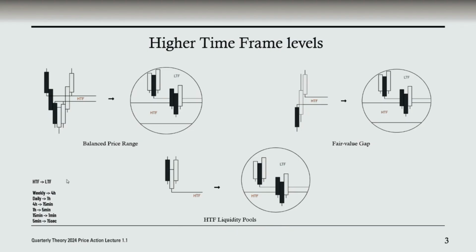So you can look at the key again in the bottom left corner of the screen, and you'll see weekly to 4-hour, daily to 1 hour, and so on. If you're looking at a daily chart, and you see a daily fair value gap, then you want to annotate that fair value gap.